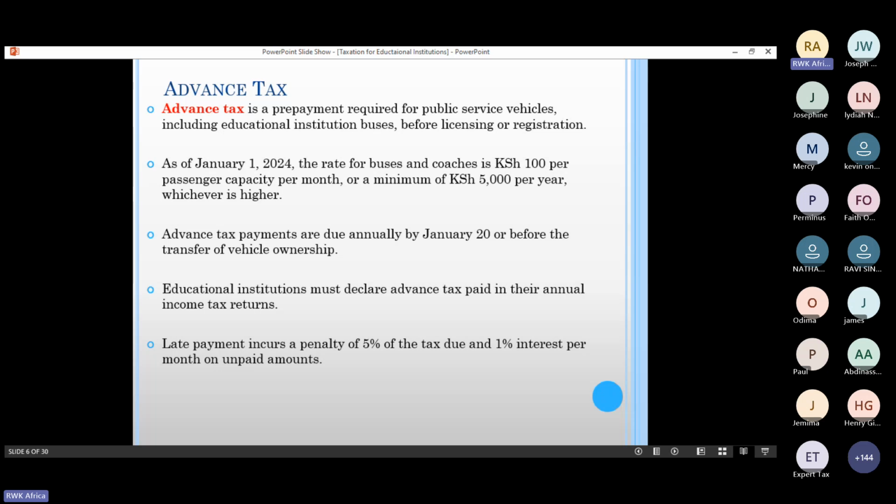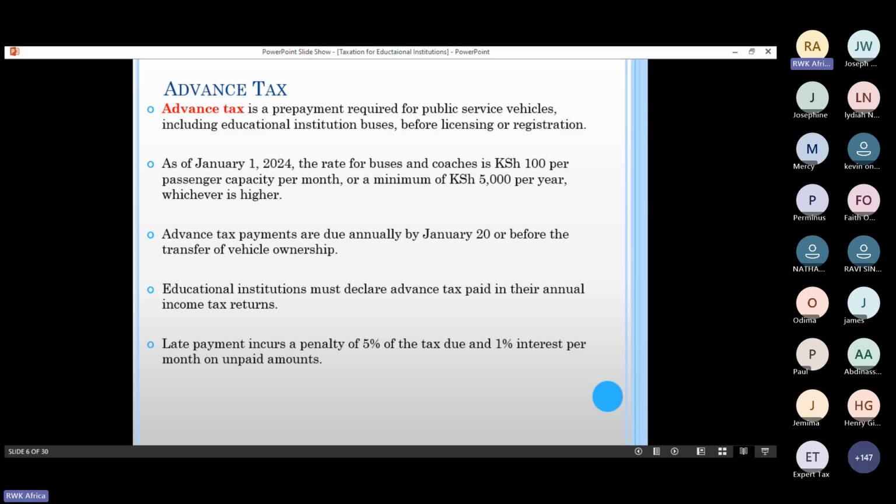Educational institutions must declare advance tax paid in their annual income tax returns. During the introduction, we said that this tax is a prepayment. So at the end of the year, when you're coming to file the income tax return, you're supposed to declare that amount that you paid. It will assist in offsetting the taxes for that period. So let's say by January 20th, you paid 5,000 under the advance tax.